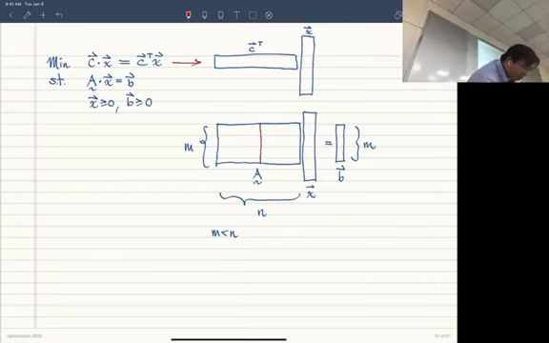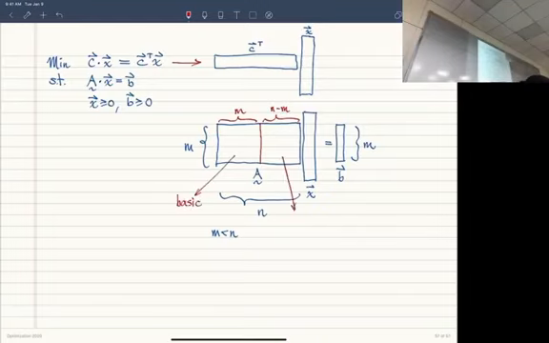We make a cut. So we make one half of the cut, which is having m components wide, so that we have m by m over here. Okay? So the length on the right hand side becomes n minus m. Okay. And we call the left portion basic, and we call the right portion non-basic.